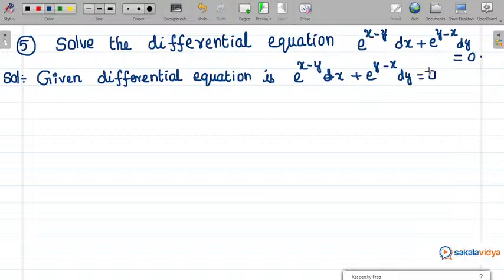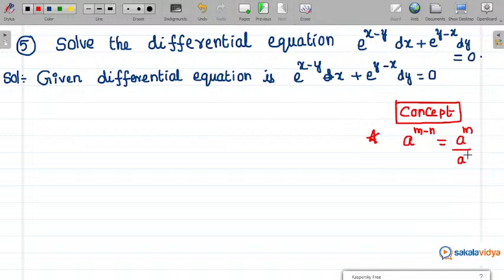First, from basic algebra we need to use one concept here. Let me write the concept once again. a to the power of m minus n is equal to a to the power of m upon a to the power of n, or you can write a power m times a power minus n. Both ways you can write.